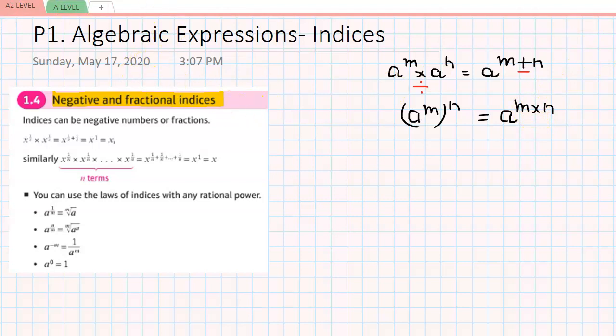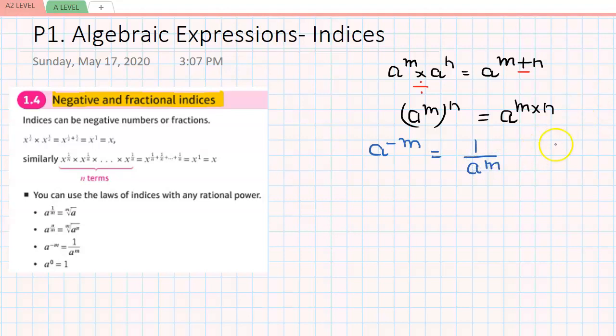Now what we are going to read is negative and fractional indices. First we talk about the negative indices. So that is, if a is to the power minus m, then it is equal to 1 over a to the power m.